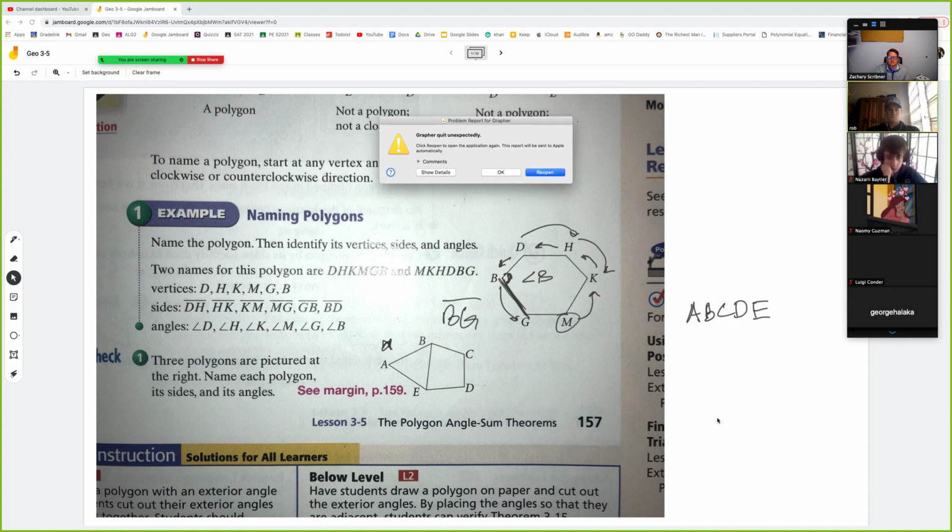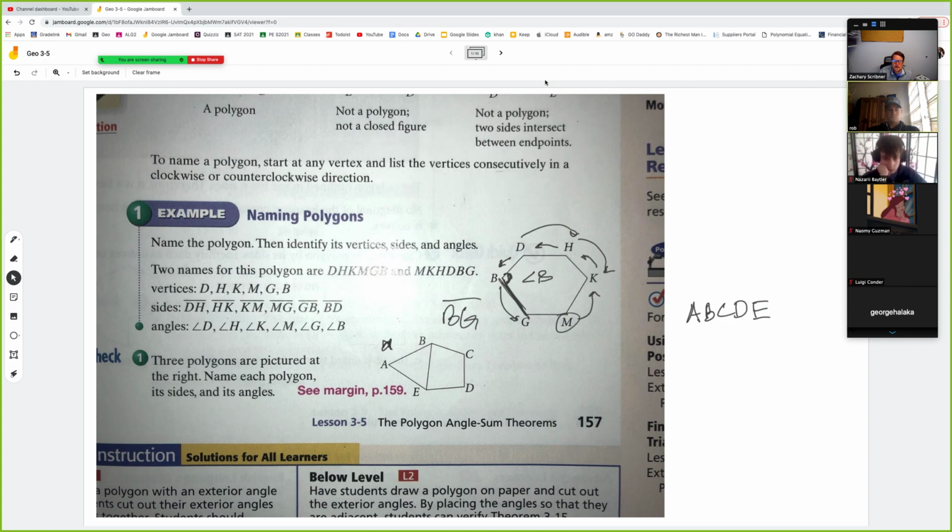You don't have to know just quite yet, but that's our next thing that we're going to learn. Do you know what type of polygon? How many sides? Like a pentagon. Very good. A, B, C, D, E is a pentagon. Penta meaning 5. Pentagon.